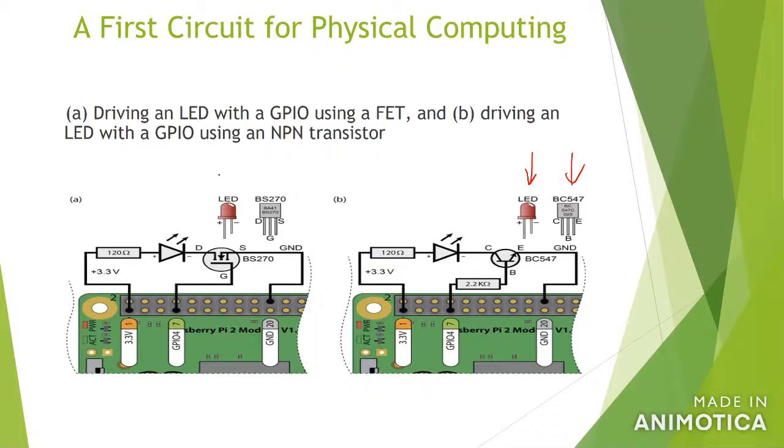Same thing: this is an LED, and this is a FET transistor. It's also a transistor, but they use a different method to make the transistor, so they have different characteristics, but they are all transistors.